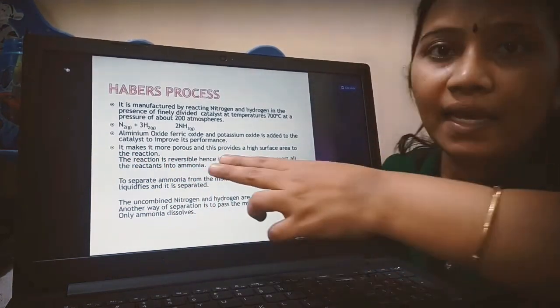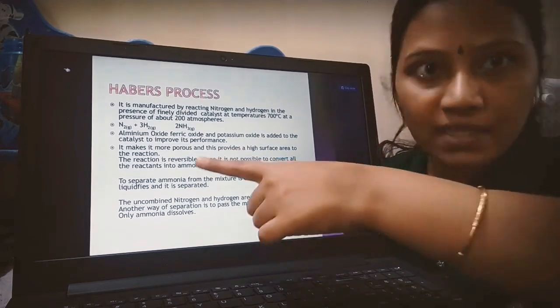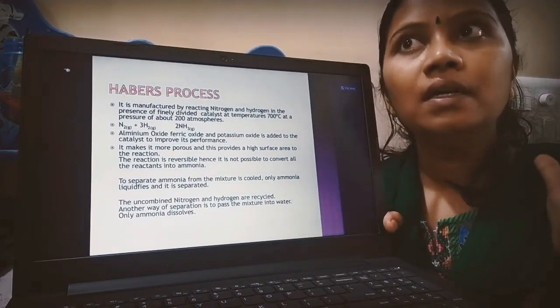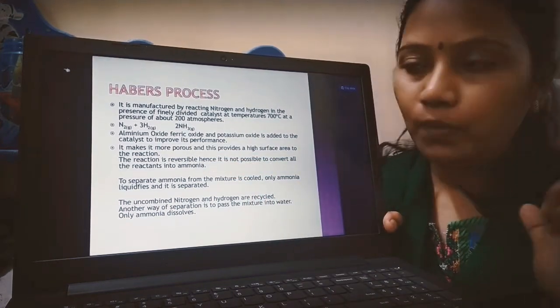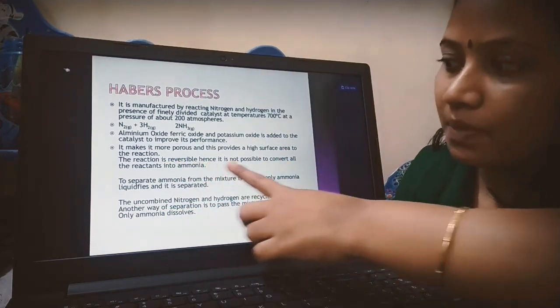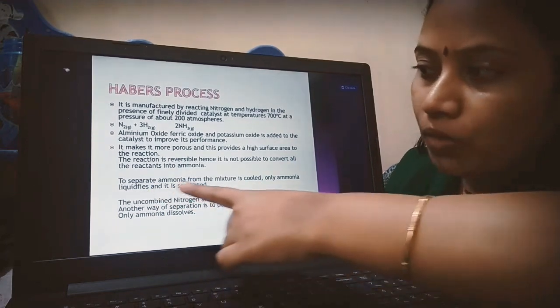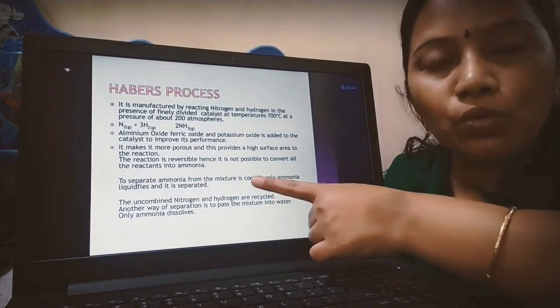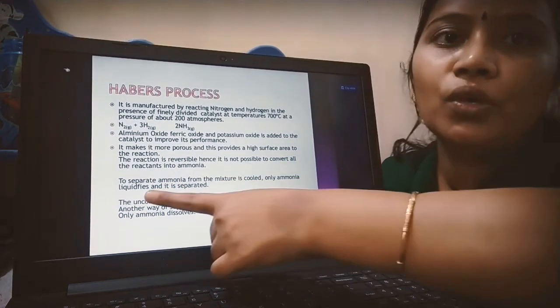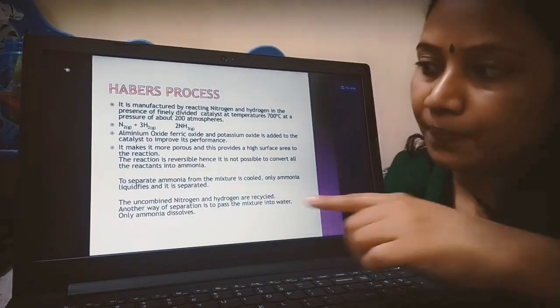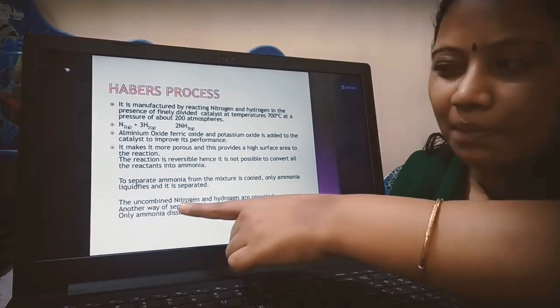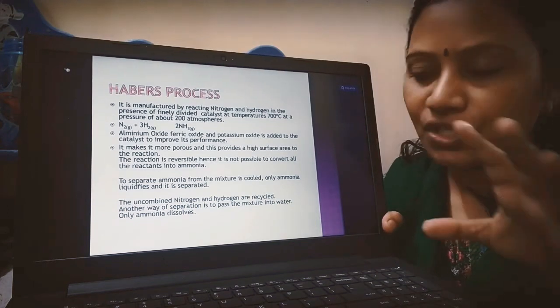And the reaction is reversible, so all the substrate will not be converted into product. Since the reaction is reversible, it's not possible to convert all the reactant into ammonia. Now, how to separate ammonia from the mixture? You need to cool the mixture first. Only ammonia will be liquefied and it will be separated. Then there are some uncombined nitrogen, that is unreacted nitrogen and hydrogen, present.